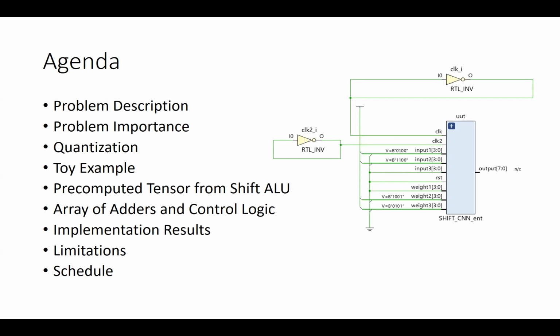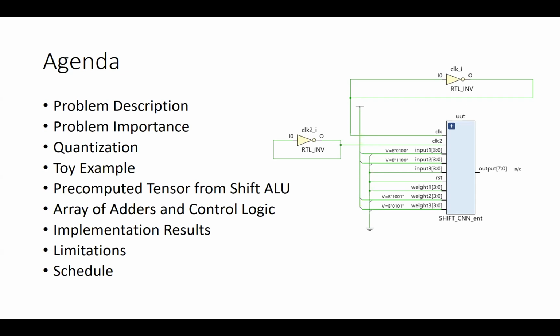Then we will talk about the implementation, divided into a few steps. The first step is how we get to a pre-computed tensor from the Shift ALU, and how we store that. Then we move on to explaining the array of adders, and the control logic that controls the flow of data between those adders.